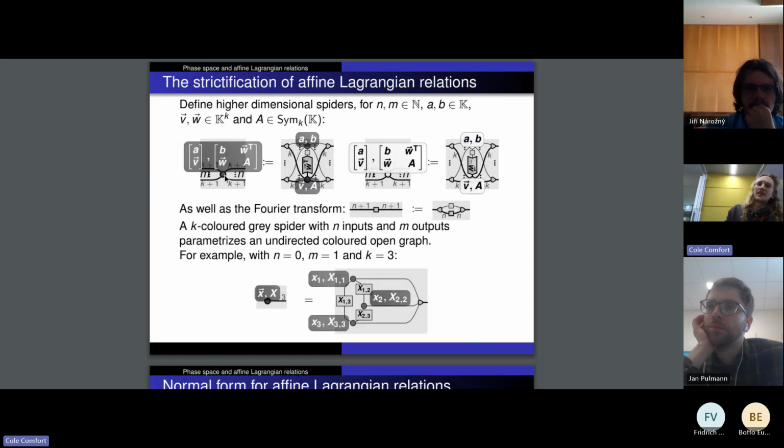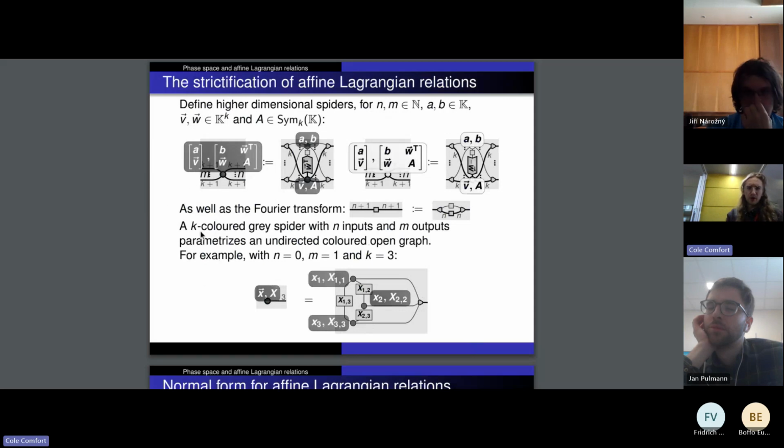Essentially, if you have K wires bundled up together, and a spider where the wires correspond to these K wires inside of it, then the spider is now labeled by a vector of dimension K, and also a K by K symmetric matrix, which you can think of like the adjacency matrix of a graph.